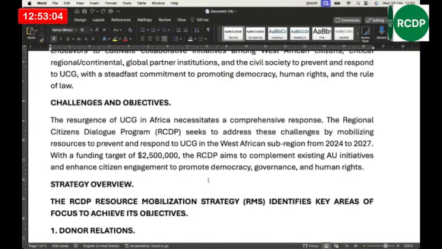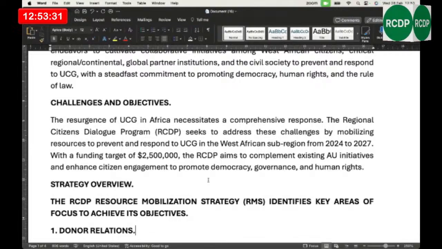So the Regional Citizen Dialogue Program is seeking to address these challenges by mobilizing resources to prevent and respond to UCG in the West African sub-region with a target activity period of 2024 to 2027 with a funding target of at least $2.5 million.